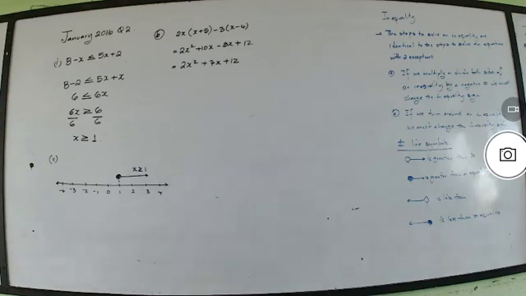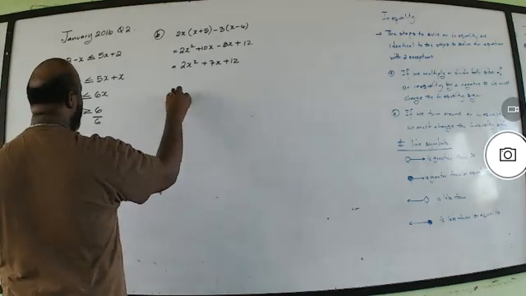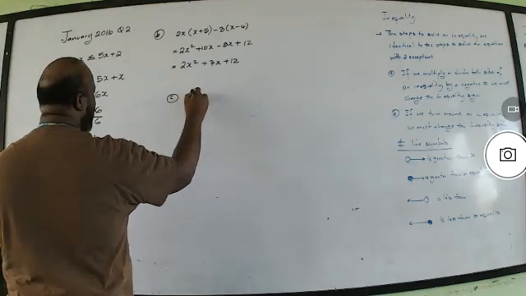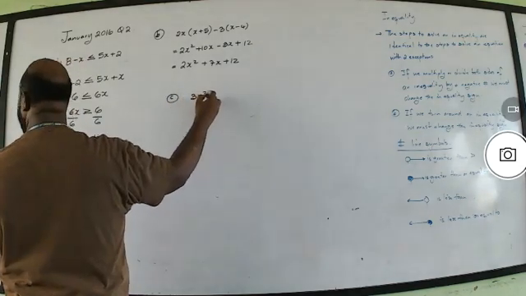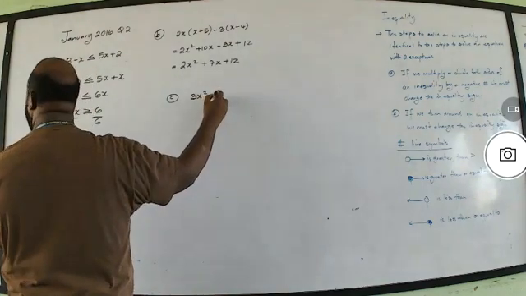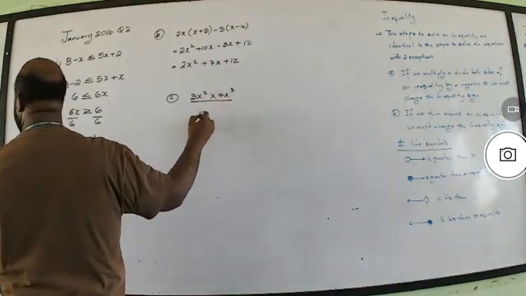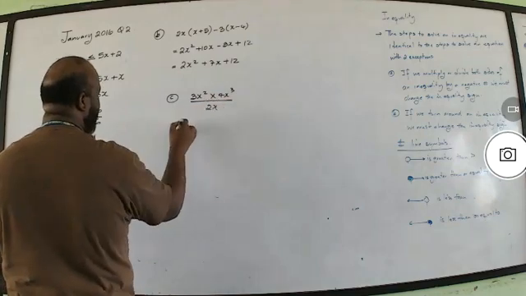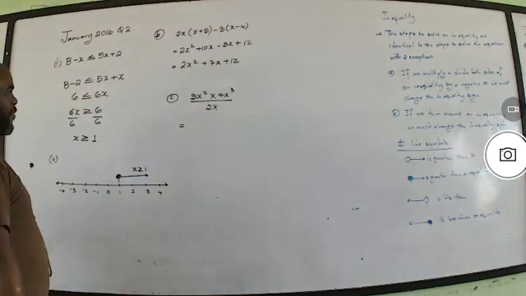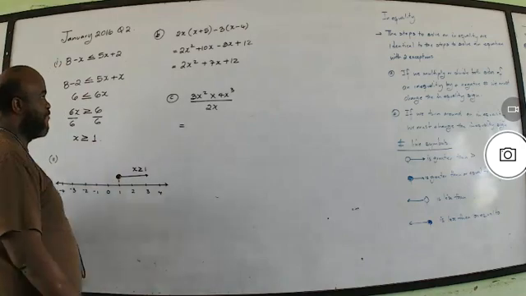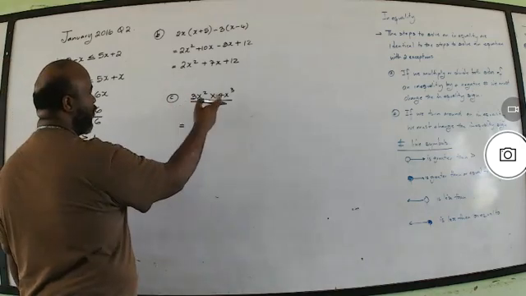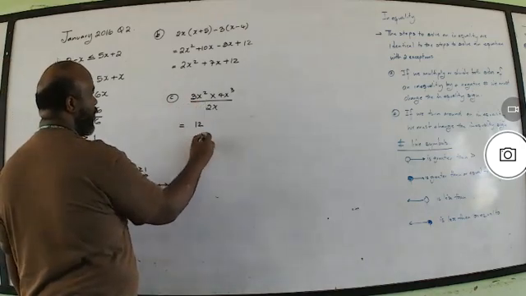C says that we should simplify 3x squared multiplied by 4x cubed over 2x. Let's start with the top. 3 fours are 12.